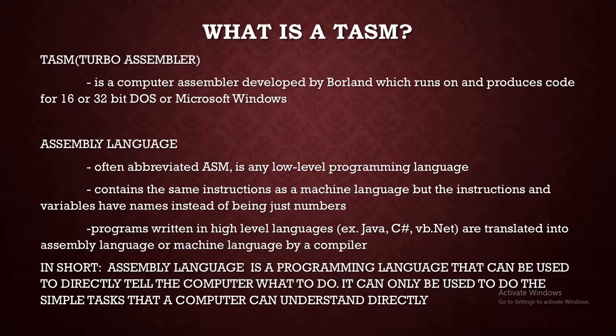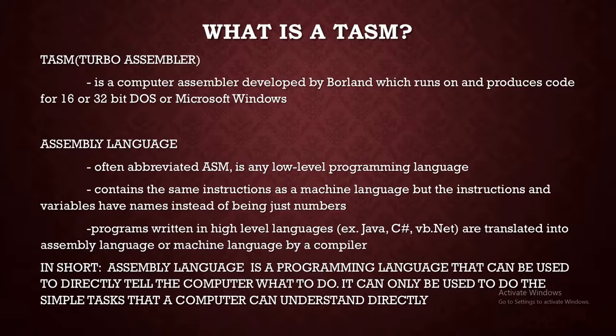So when we say TASM, or the Turbo Assembler, it is a computer assembler developed by Borland, which runs on and produces code for 16 or 32-bit DOS or Microsoft Windows. And when we say assembly language, it is often abbreviated by the term ASM.